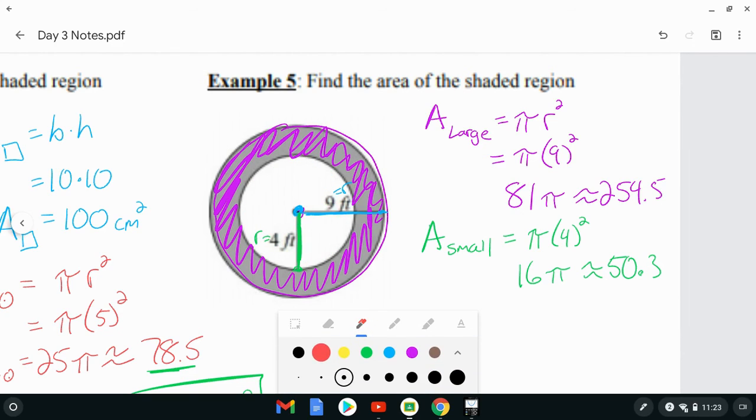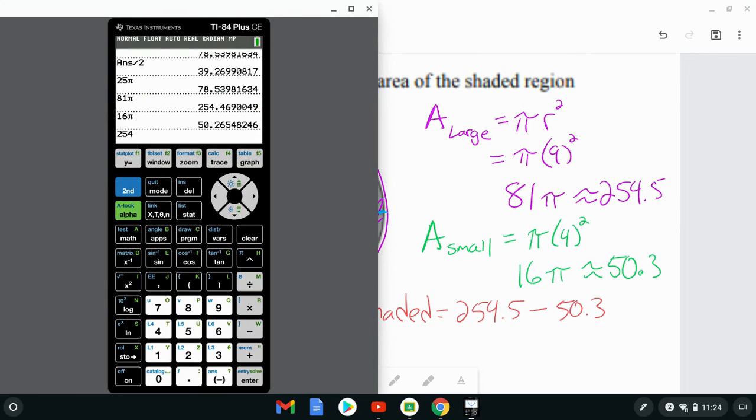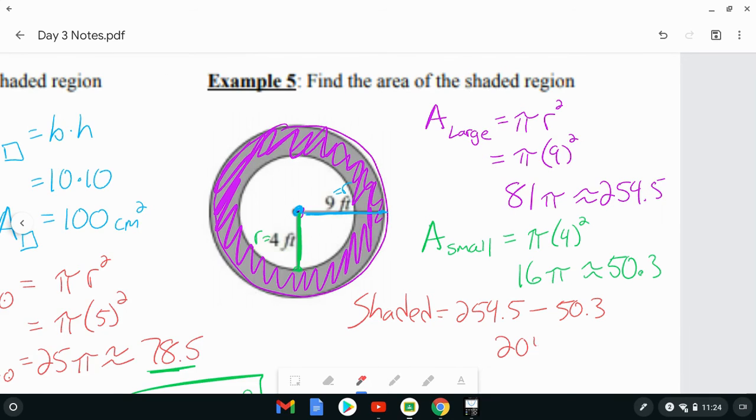And what you're left with when you do the total for the shaded, when you take the total, which is 254.5, minus the small region, which is 50.3, you're left with 204.2, again, feet squared. So by doing that, you are getting that shaded region we're actually looking at.